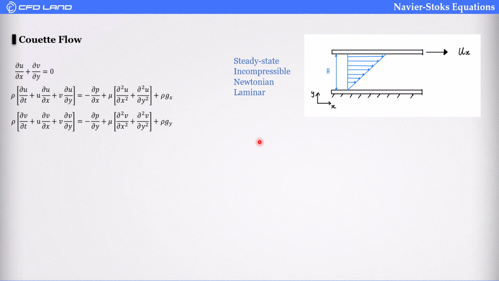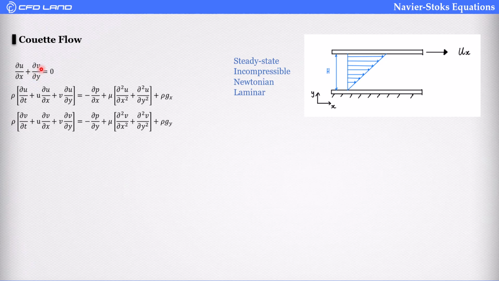So we write Navier-Stokes equations that include continuity and momentum for x and y directions. Now, we know that there is no movement in the vertical direction.